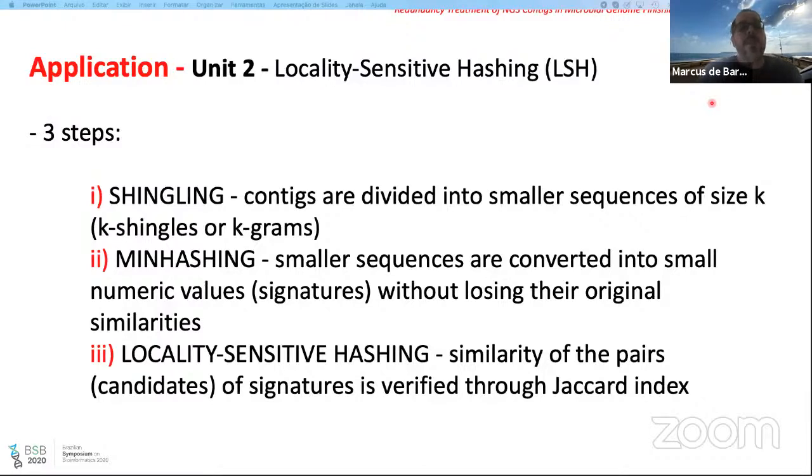The second step is min hashing, where smaller sequences are converted into small numeric values, or signatures, without losing their original similarities. And the third step is the LSH itself, where the similarity of the pairs or candidates of signatures is verified through the Jaccard index, Jaccard similarity, or Jaccard distance.